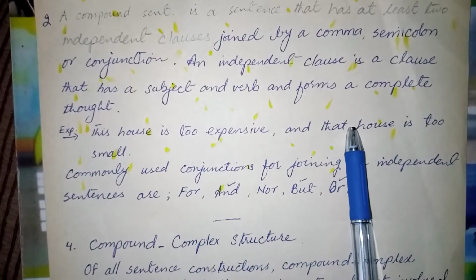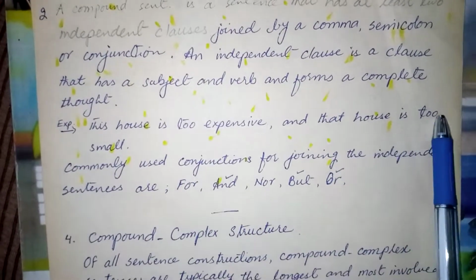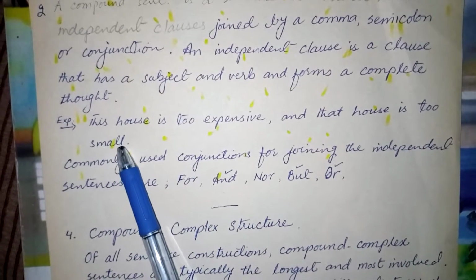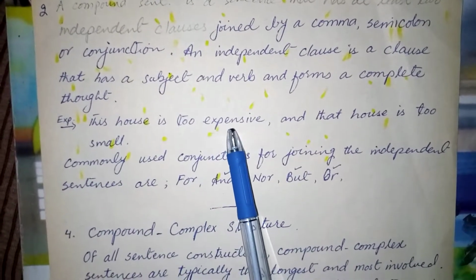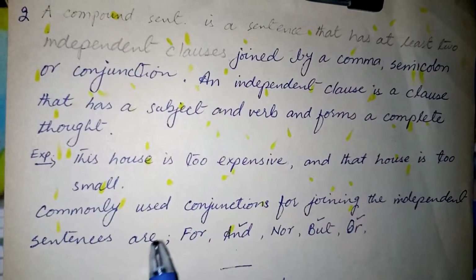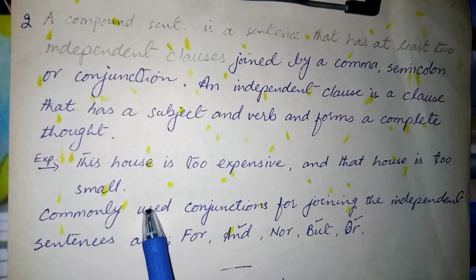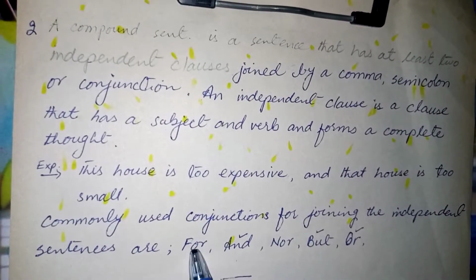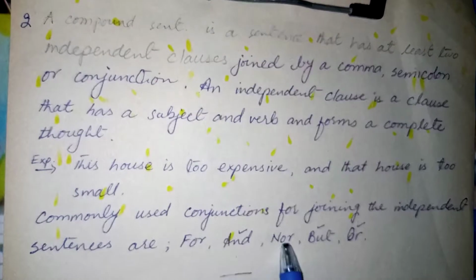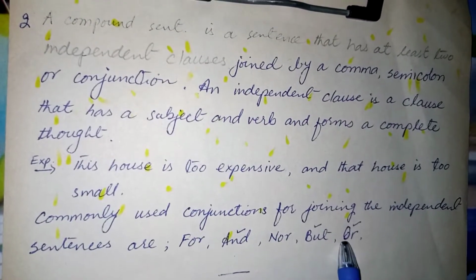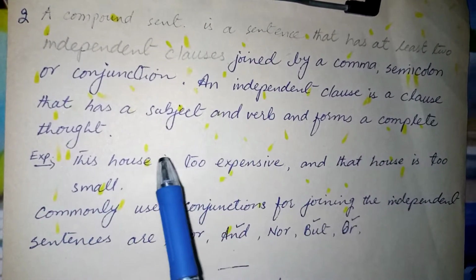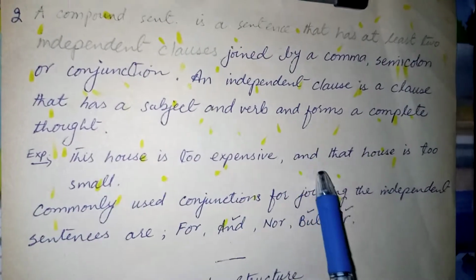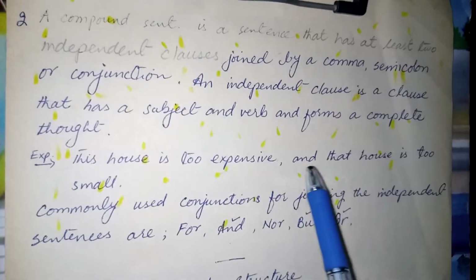And the next clause is, that house is too small. So this is an example of the compound sentence. The commonly used conjunctions for joining independent clauses are for, and, nor, but, and or. And in this compound sentence, we have seen that the conjunction used out of these is and.